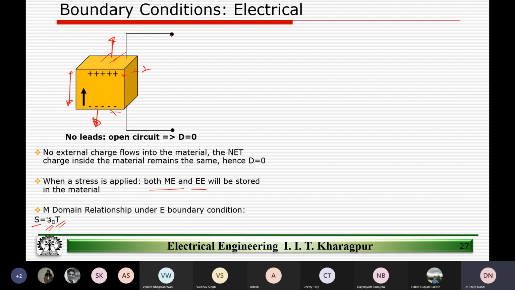I'm trying to stretch, the charges are developing, and they are going to try to pull towards each other. So the effort that I'm making is going to be stored both as mechanical energy in terms of the material elongation that it's going to undergo, as well as electrical energy in terms of the charges that are accumulating, or the delta charges that are appearing on the two surfaces of the plate, right?